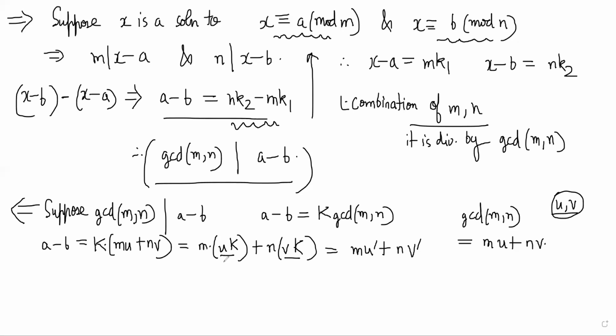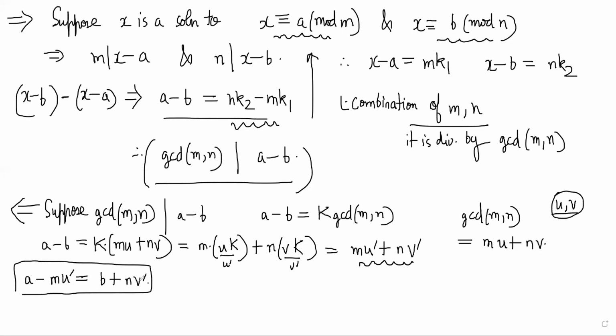So what we are getting is a minus b is equal to mu dash plus nv dash, right? So a minus mu dash is equal to b plus nv dash. Now let's call this x. x is equal to a minus mu dash.